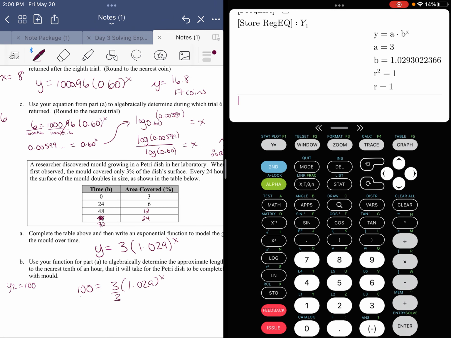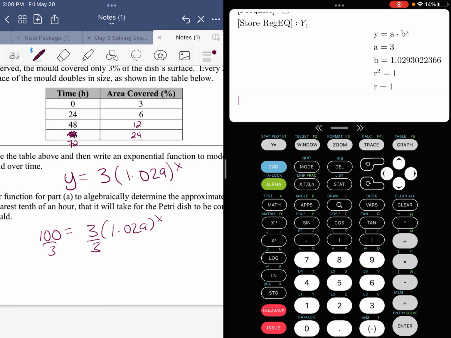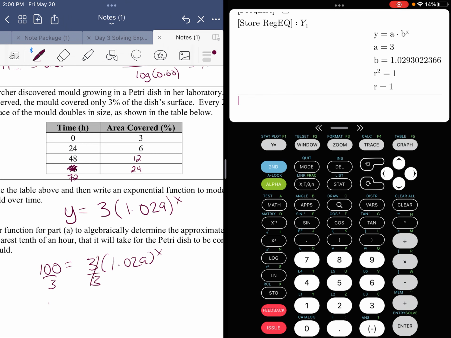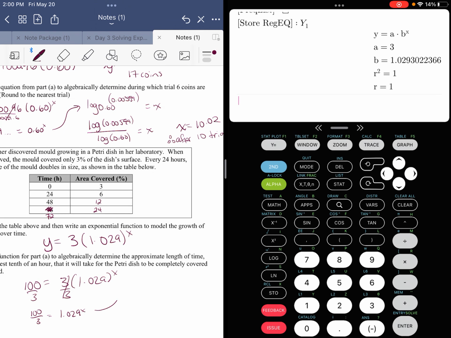Again, start by dividing by 3. And then you get 100 over 3 is equal to 1.029 to the x. And we're going to change this to a logarithmic equation. So you're going to get log base 1.029 of 100 divided by 3 is equal to x. And then the change of base, we can do log of 100 divided by 3 divided by log of 1.029 is equal to x.